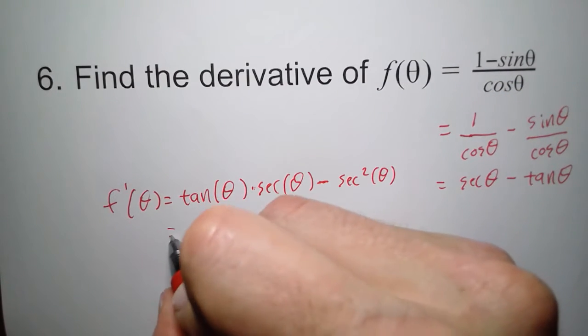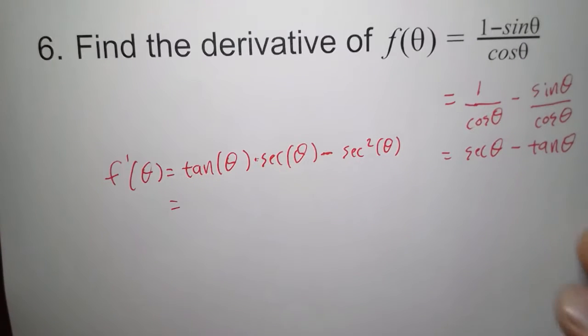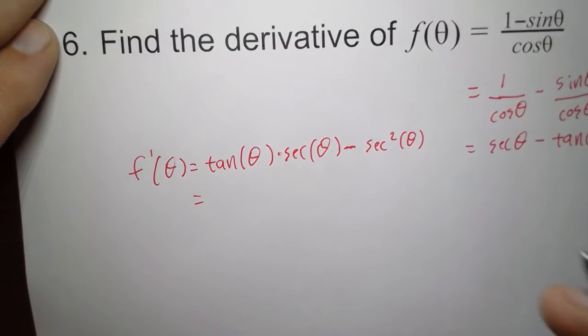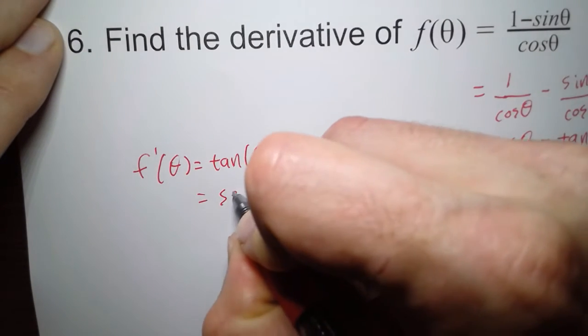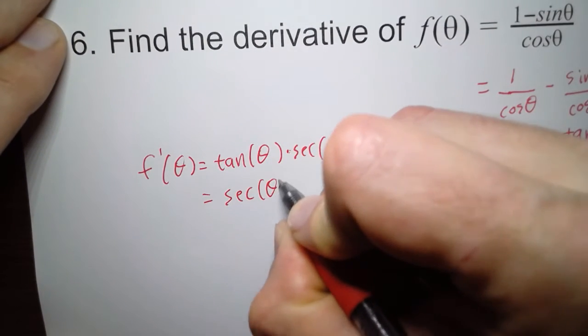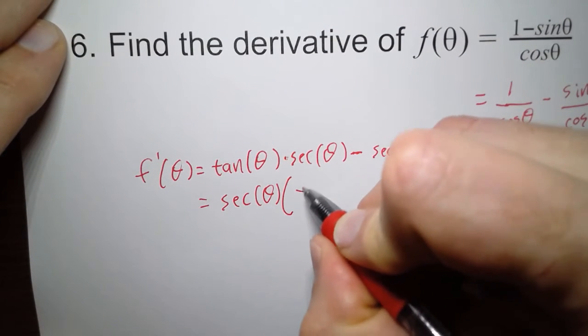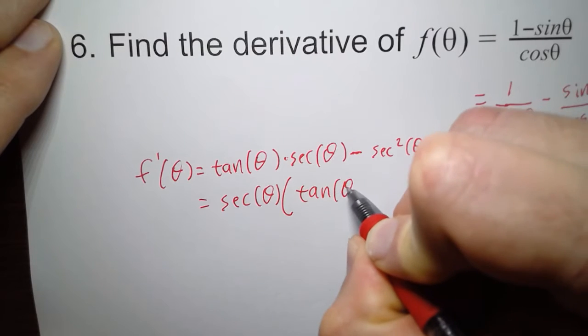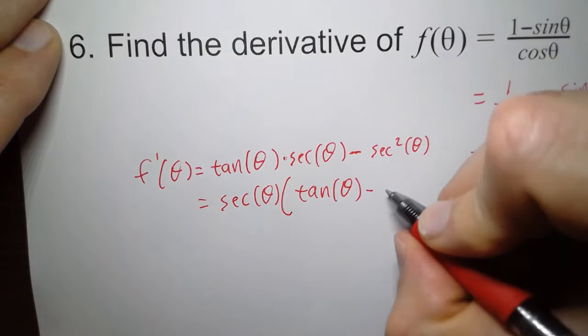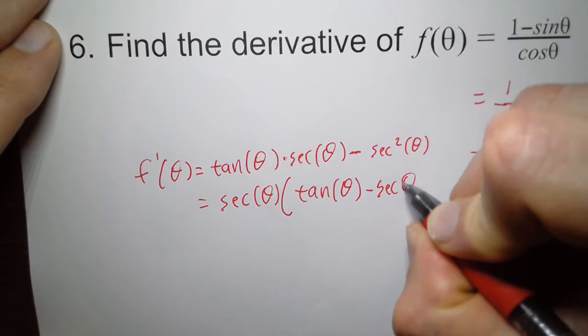And depending on how your teacher would want your answer to be simplified, here we can factor out a secant out of both of these. So we have secant of theta, and we're left here in the first term with tangent of theta minus secant of theta.